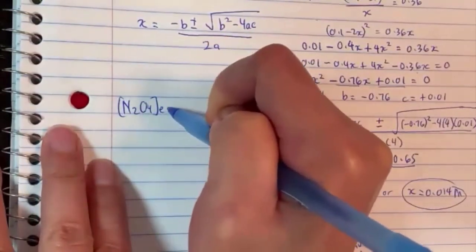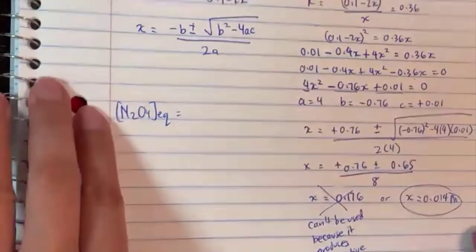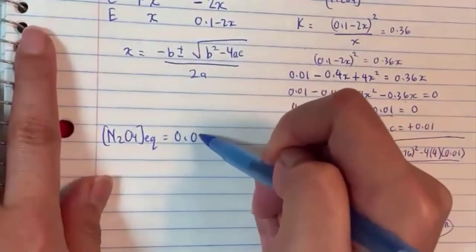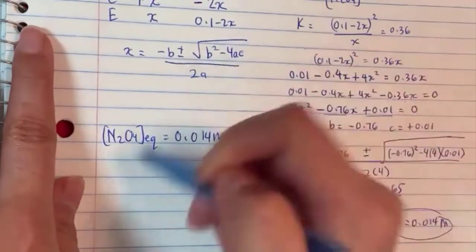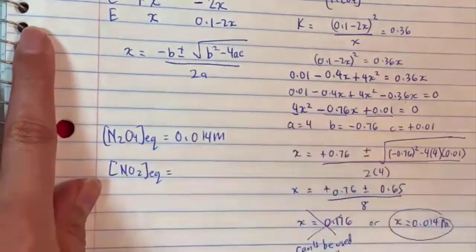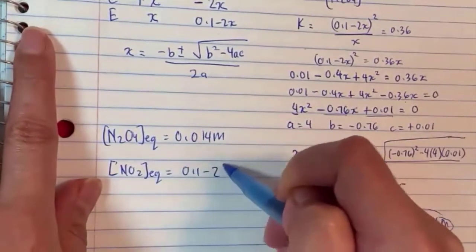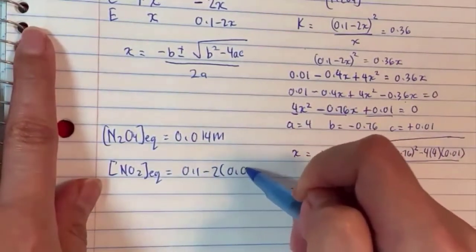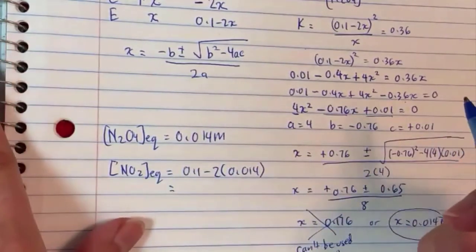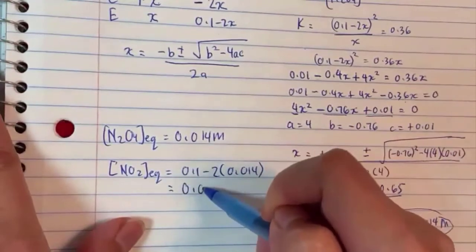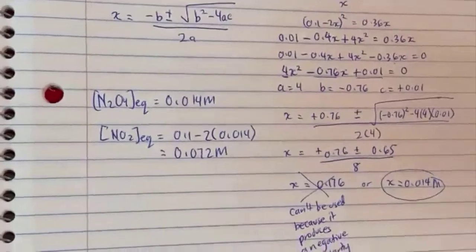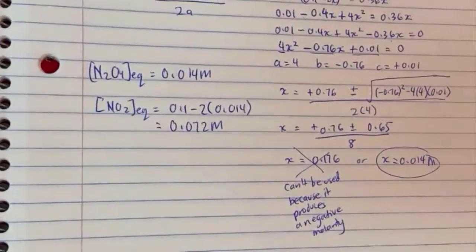N2O4 at equilibrium is just x, it says over here just the x, so it's 0.014. Now if I want NO2 at equilibrium, it's 0.1 minus 2x, so 2x is 0.014. Put that in, answer in molarity. That would give me 0.072 molarity. So you'll get your answers that way, okay?